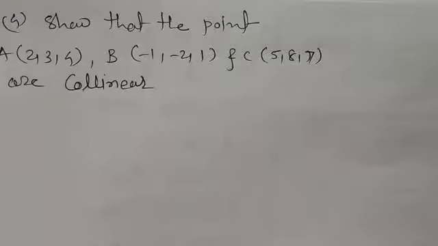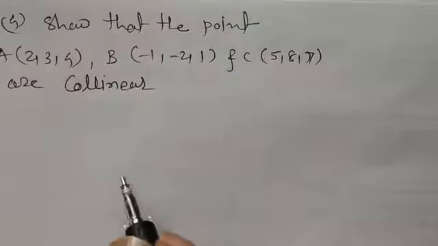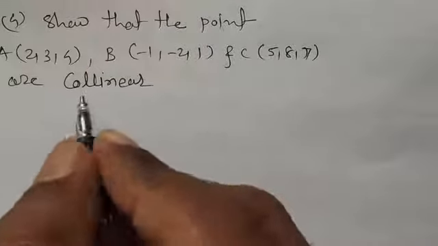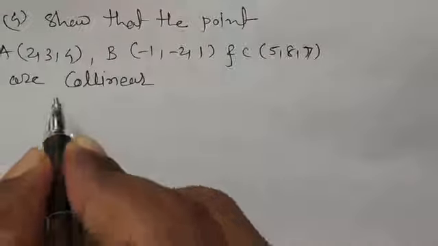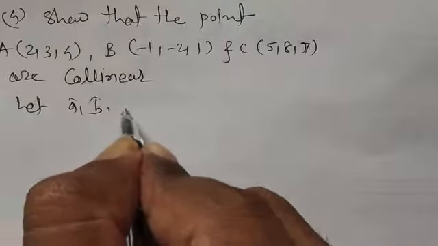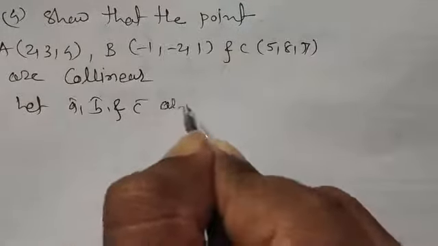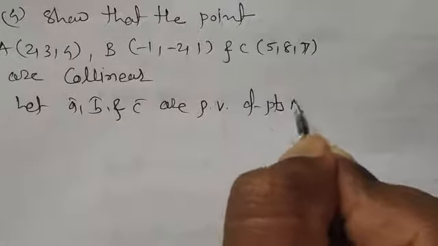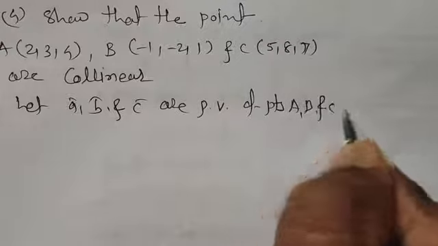So you have to find the direction ratios first and then check the ratio between them. How to find direction ratios? First make a vector. Let a bar, b bar and c bar be the position vectors of points A, B and C.